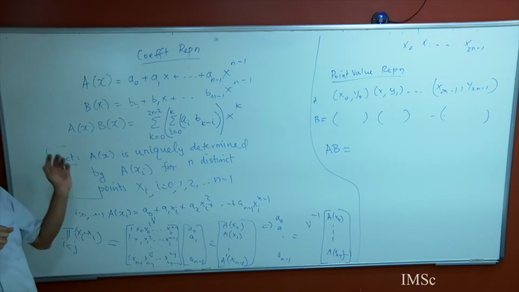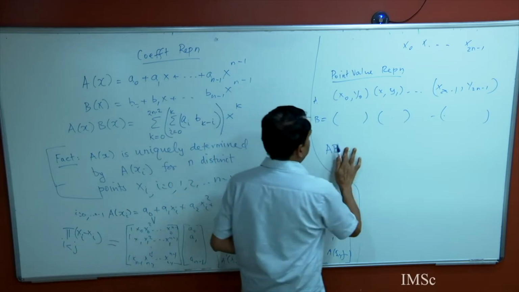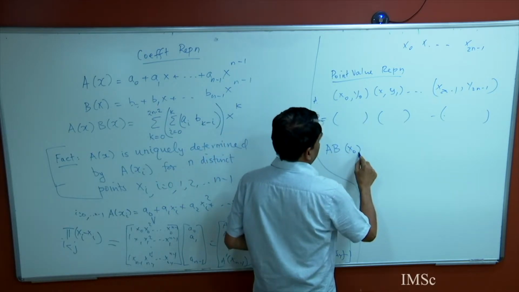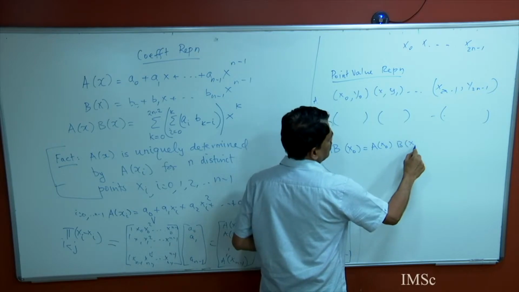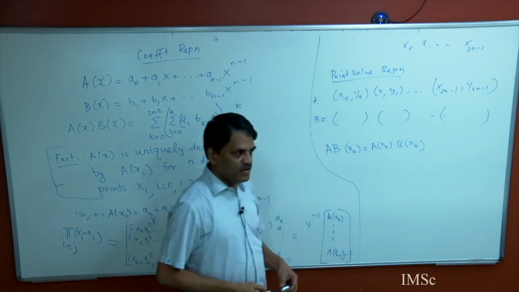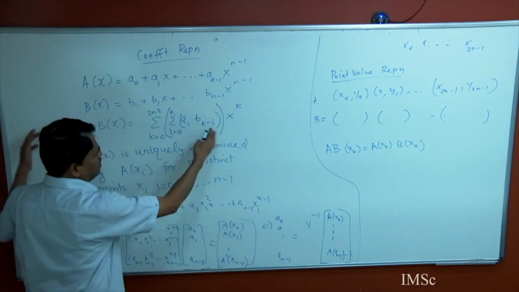Yeah, multiply pointwise. Is that a difficult question? I want to know what is AB of x naught. AB of x naught is basically A of x naught times B of x naught. AB is a product polynomial which is looking like this.